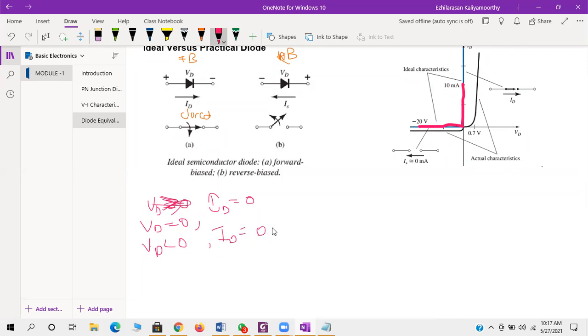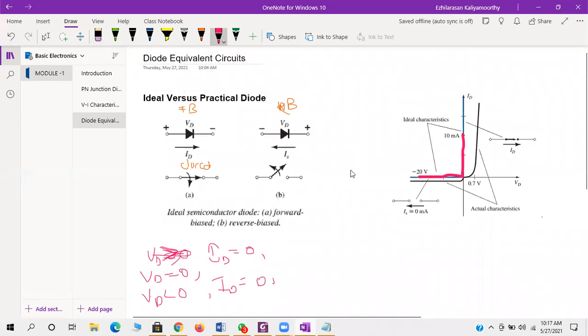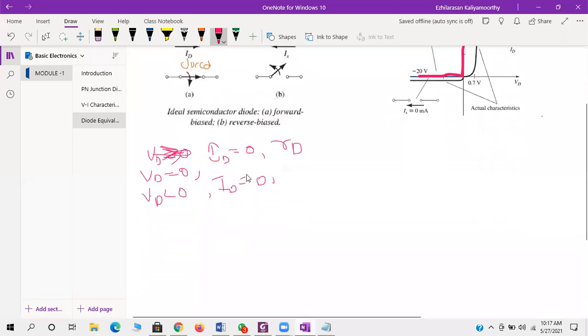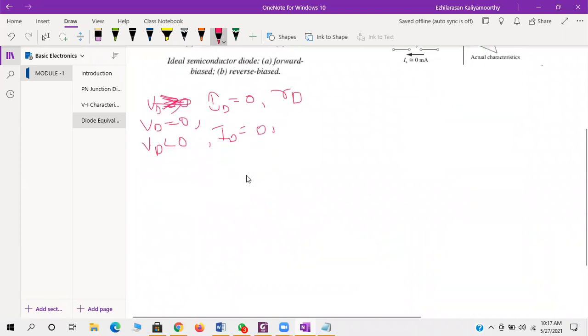Here we have something called resistance. That resistance is called RD, which we call the diode resistance. Let me show it in the forward bias condition.